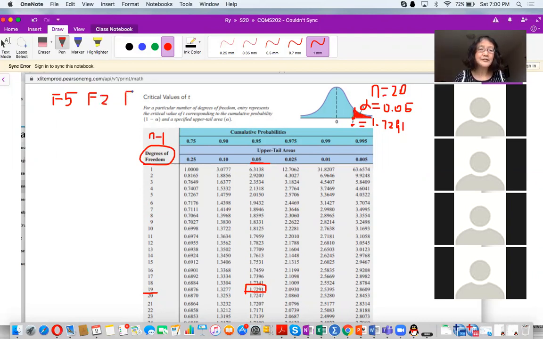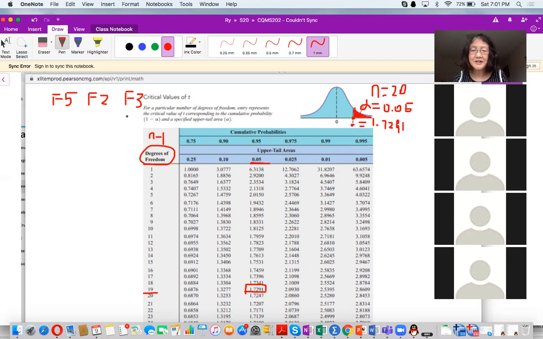After that, F3 inverse T. And then area refers to this right tail area. You type in 0.05 as the area. Degree of freedom, you type in 19. And then you press EXE.